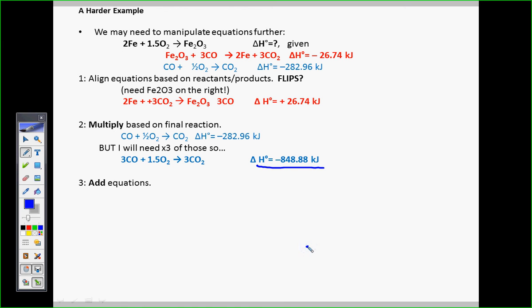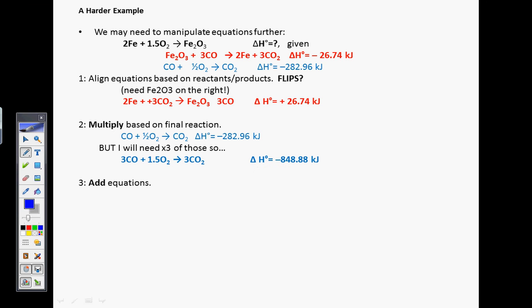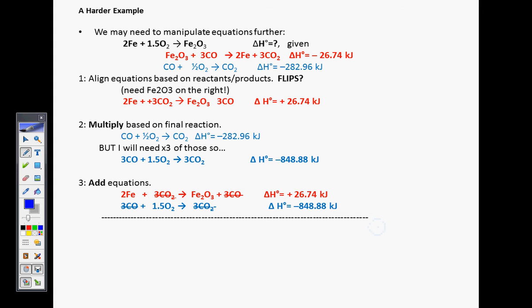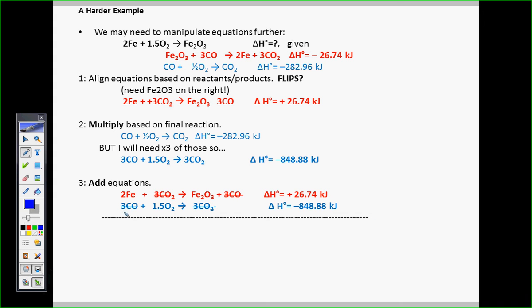So there's the red bit, which I had flipped. There's the blue bit, which I had multiplied by 3. And if I add them together, I can see 3 carbon monoxides and 3 carbon monoxides cancelling out.